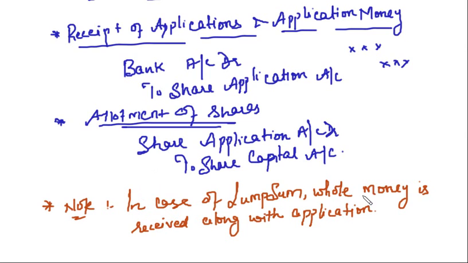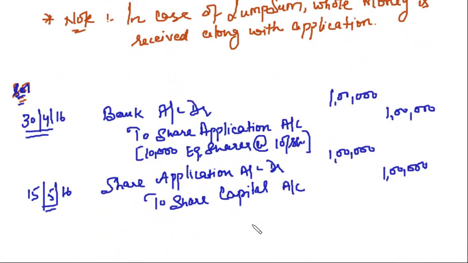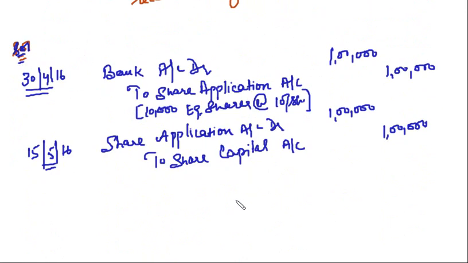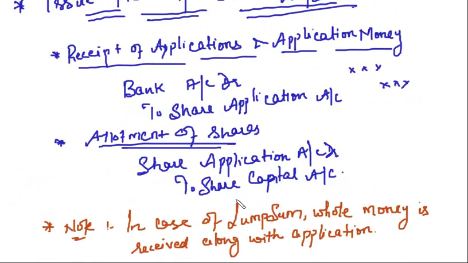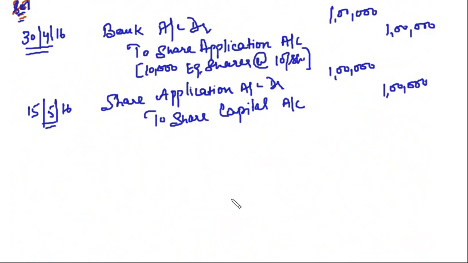In case of lump sum, whole money is received along with application. Clear? So this was one small question that we did. Any problem till this point? I've tried my best to clear the concept of how share application is dealt with. Clear?